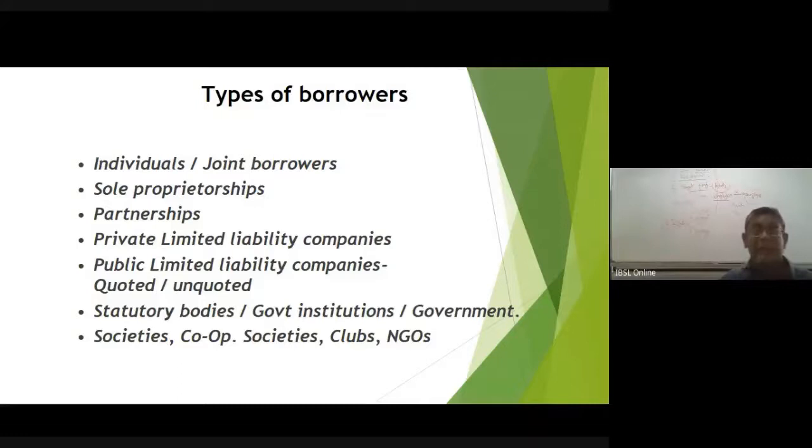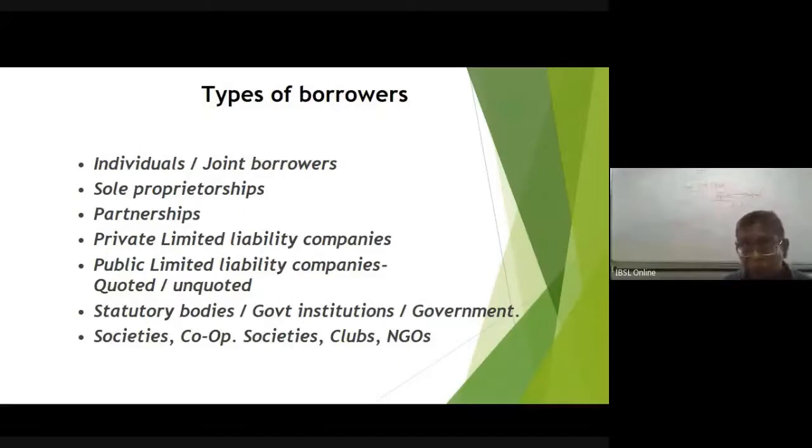We have individuals, some individual person who comes and takes loans, and joint borrowers, where two people come and ask for the loans. Sole proprietorships, that is an individual business person.